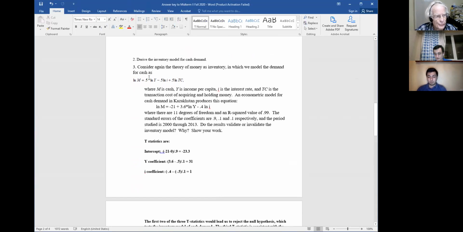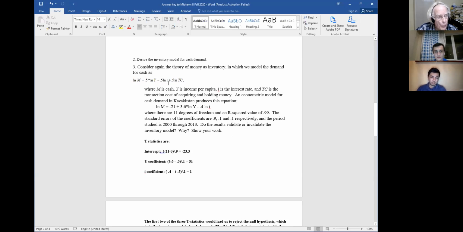Okay, now here's one last question. What is the predicted intercept in this model? If the model is correct, what will our intercept be? Well, where's the intercept?